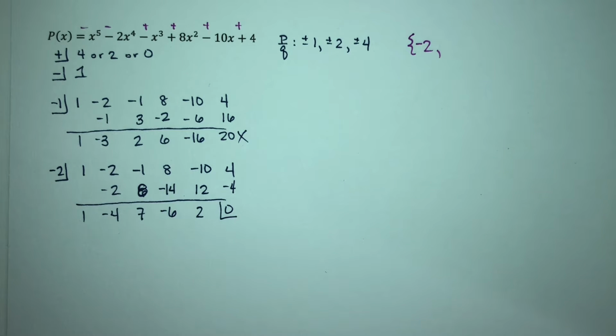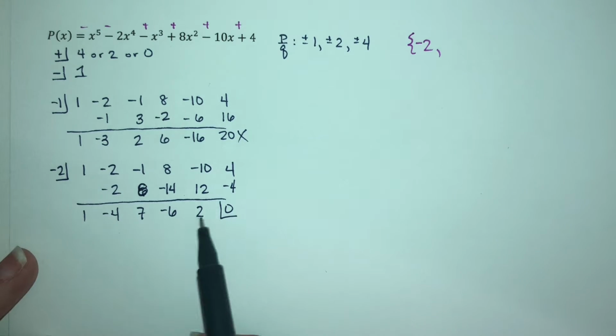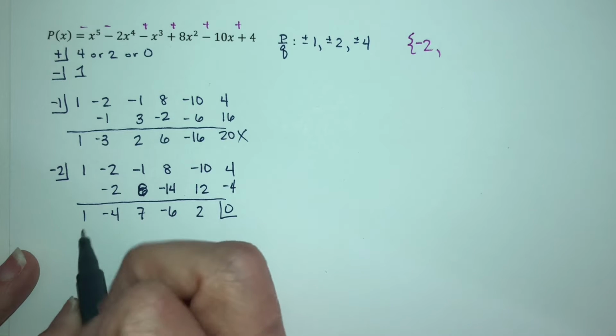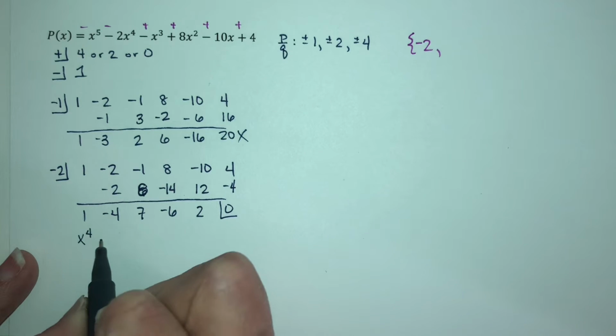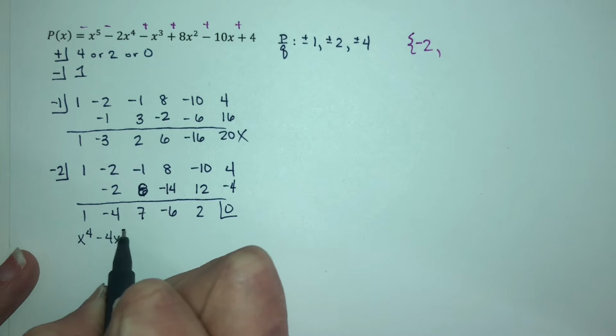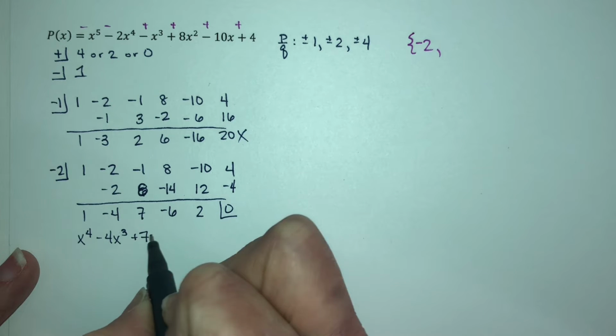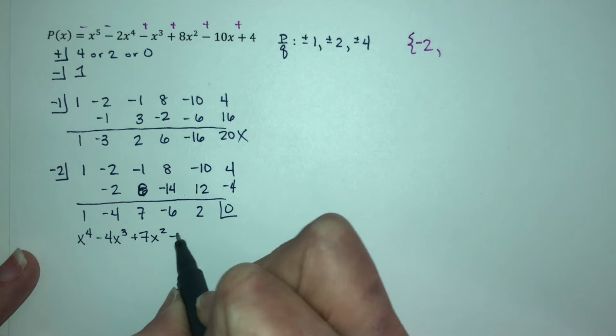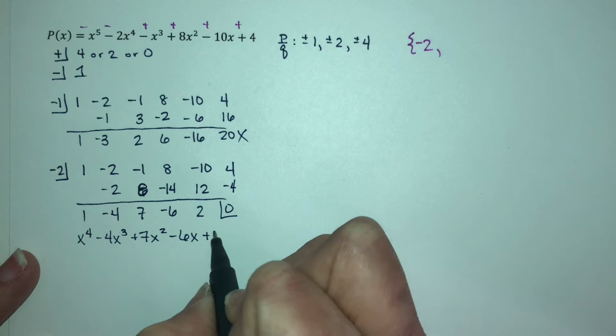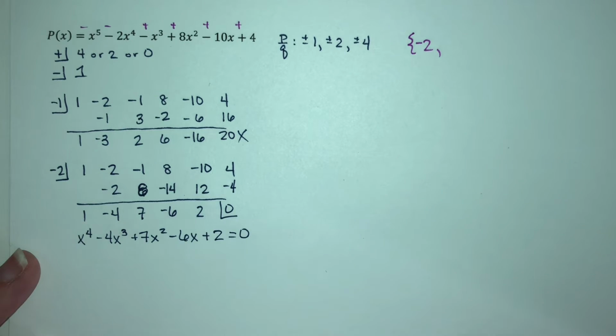Now let's write this depressed equation and see what we can find out. So this will be x to the 4th minus 4x cubed plus 7x squared minus 6x plus 2 equals 0.